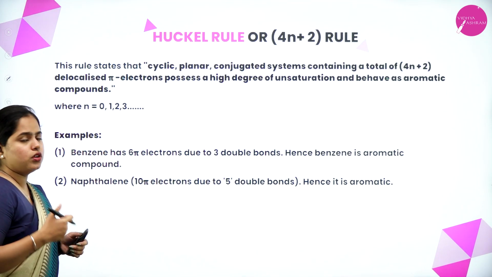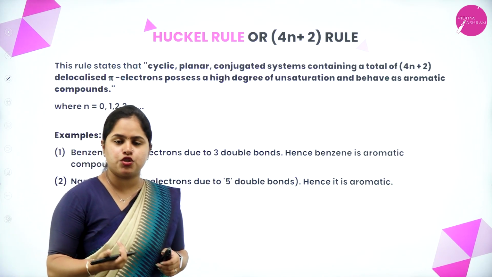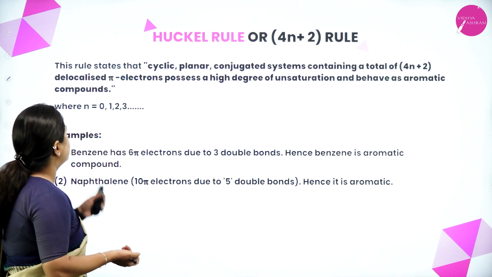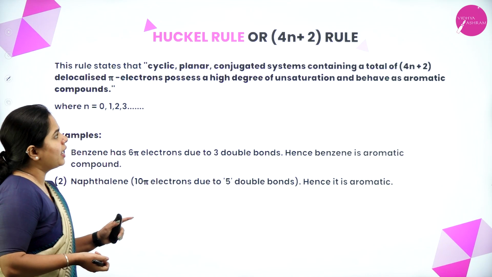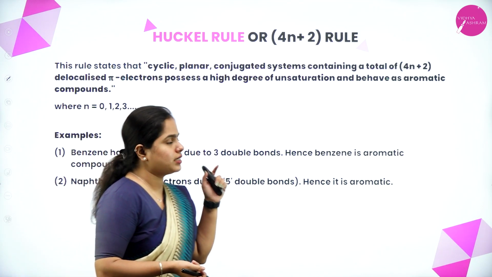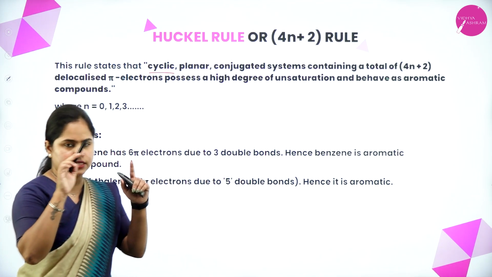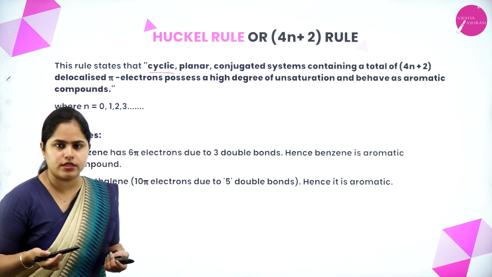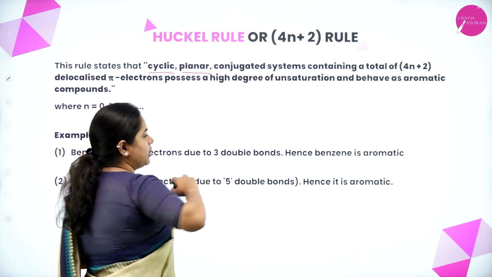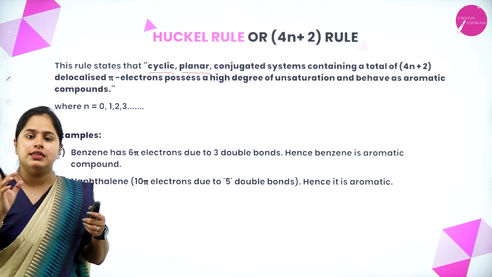Hückel's rule is also called the 4n plus 2 rule. This rule states that the cyclic planar conjugated system, first of all it must be cyclic, that is a ring structure, and it must be planar, that means all the bonds are in the same plane.